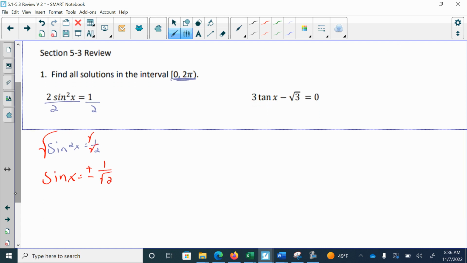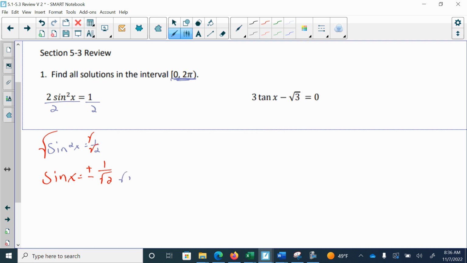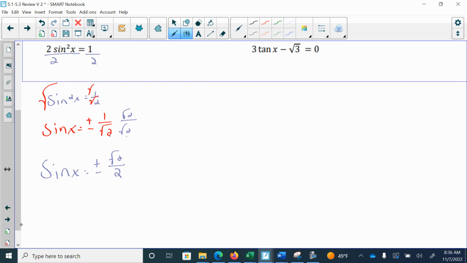Now I have to rationalize, because I do not recognize that value with the radical in the denominator. And when I simplify that, I'm going to get the sine of x is equal to plus or minus the square root of 2 over 2. The square root of 2 times the square root of 2 is just 2. I do recognize that as being my denominators of 4.